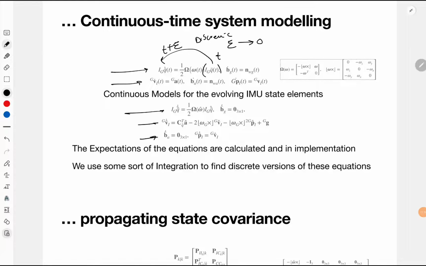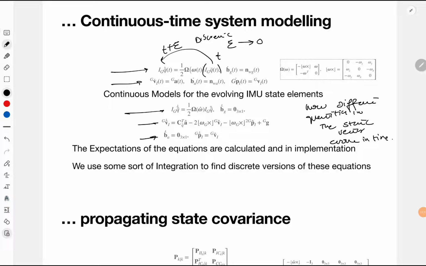But this is what it is actually. So this is how different quantities in the state vector evolve in time. Now, of course, we can't use these continuous models for evolving the IMU state.